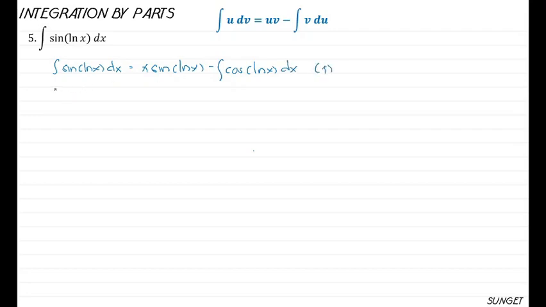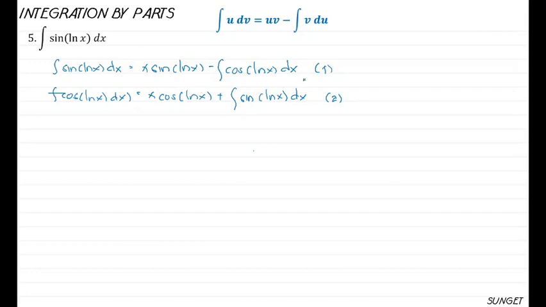Then equation number 2, the integral of cosine ln x dx is equal to x times cosine ln x plus the integral of sine of ln x dx.